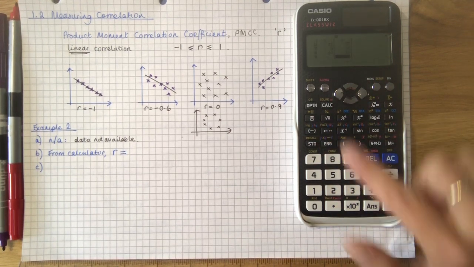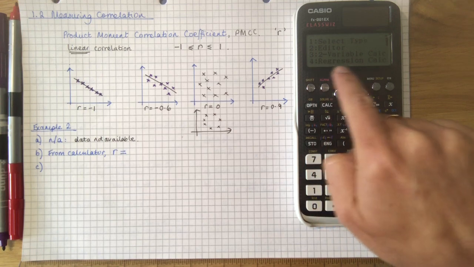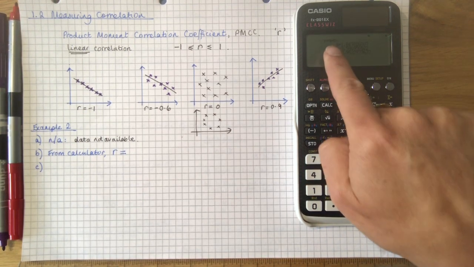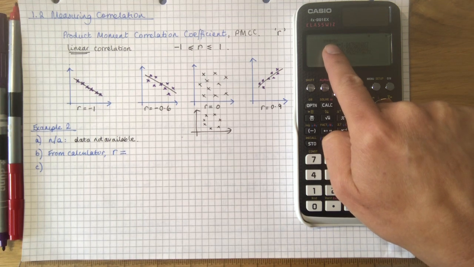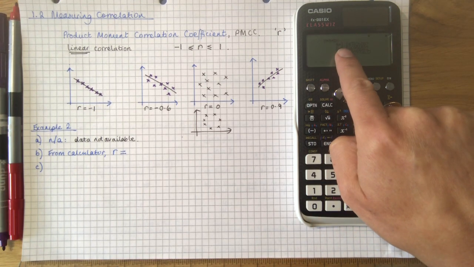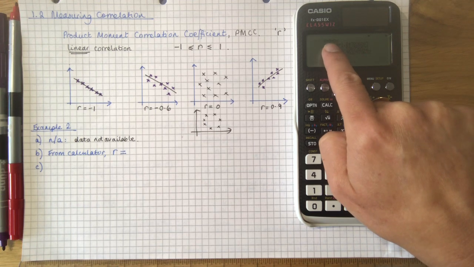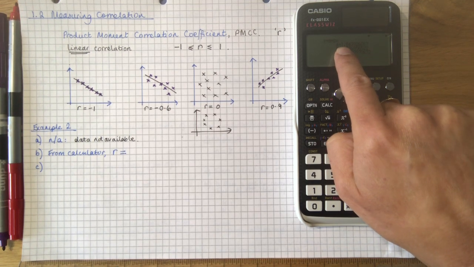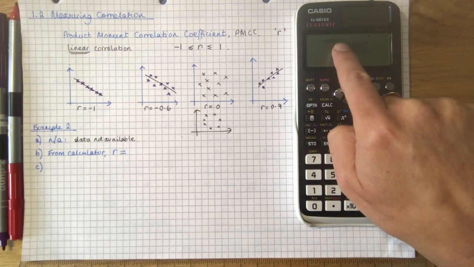So if we go back to option, and now choose number 4, regression calculations. So we can see that we have y equals a plus bx, so we're talking about a linear straight line regression model. It tells us the value of a, which is our y-intercept of the line. Now in context of the question, a there would be the value of y when x is 0.